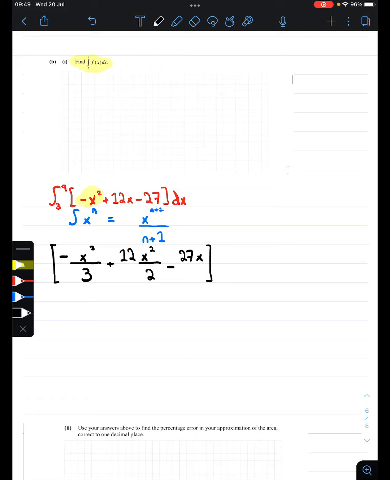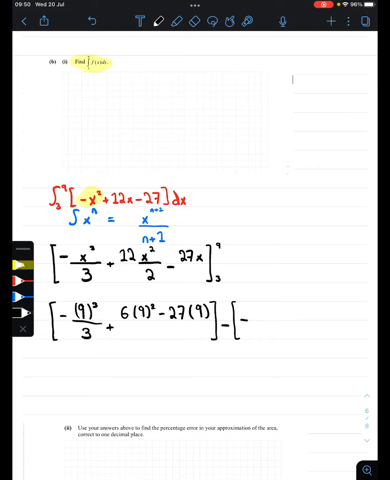evaluated between 9 and 3. And what that means is we sub in 9 to this expression: minus 9 cubed over 3, plus 12 over 2 is just 6, times 9 squared, minus 27 by 9, minus 3 into this expression.